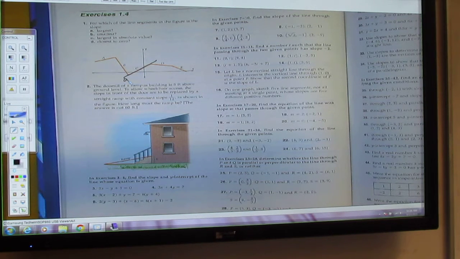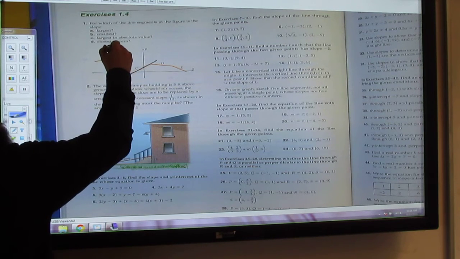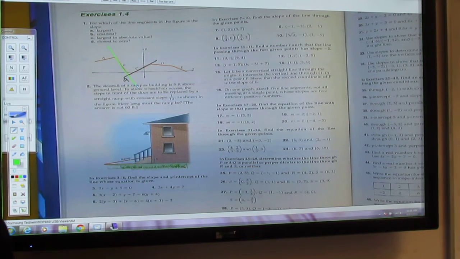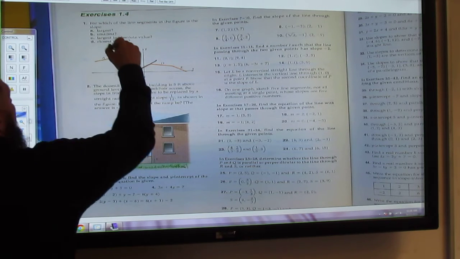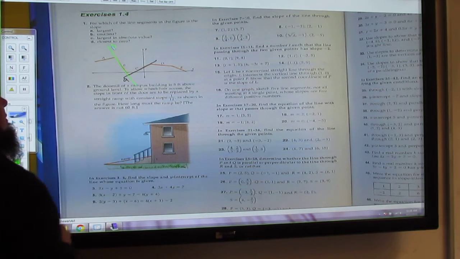Because that's the most positive slope, right? Which is the smallest. This would be the most negative slope, right? Because that's most negative. So that would be the smallest.